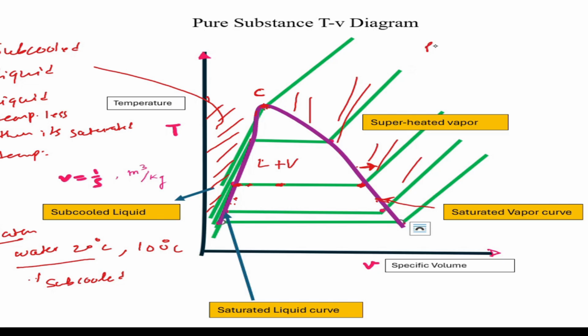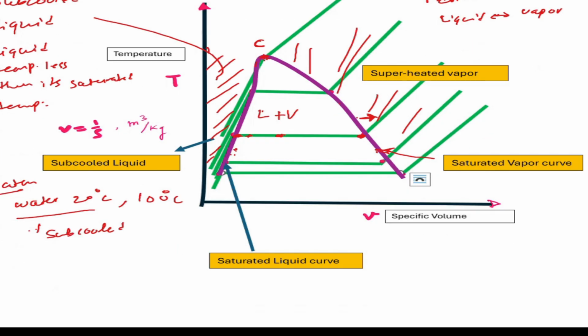At the critical point C, the critical pressure is 22.06 megapascal and the temperature is 374 degrees centigrade.